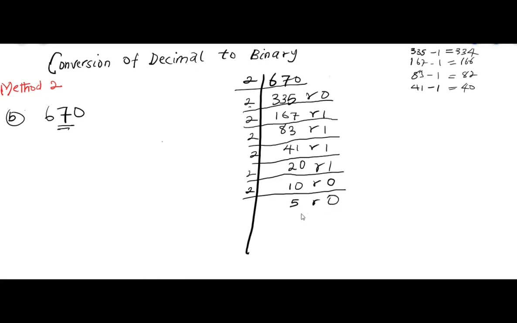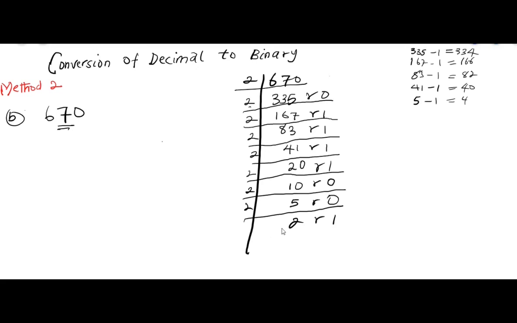Then 5 divided by 2, 5 is not an even number, so 5 minus 1, you have 4. So 4 divided by 2, you have 2, and the remainder is 1 because you subtracted 1 from 5.